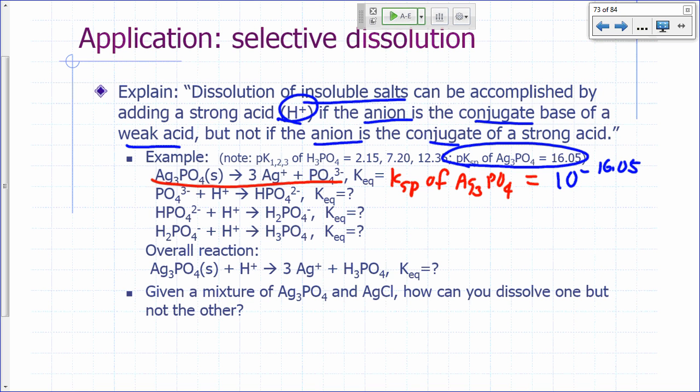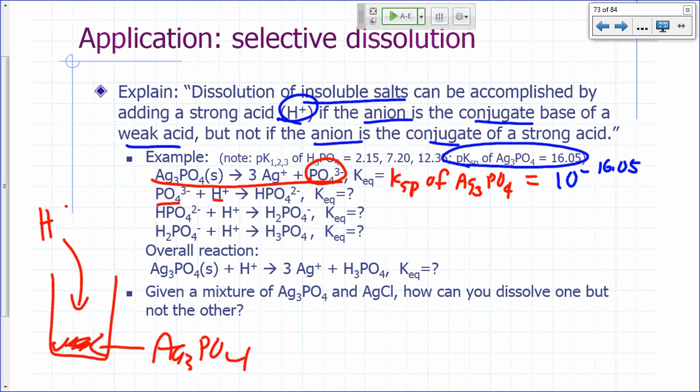But let's look at what happens to your phosphate. Your phosphate will react with H plus if you add an acid. So you have a silver phosphate solid in a beaker, and then you add HCl to that. The HCl will provide the H plus. What happens to H plus and phosphate? It gives you HPO4 2 minus. What's the KEQ for that?